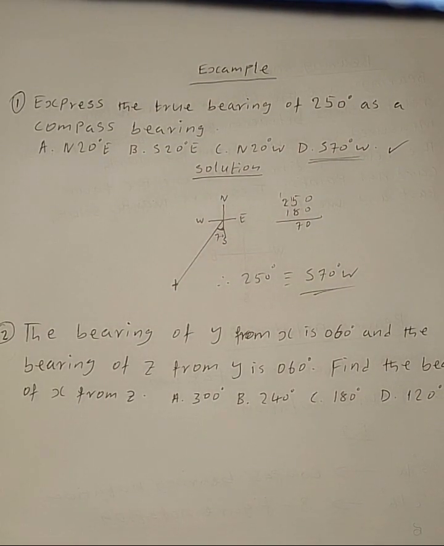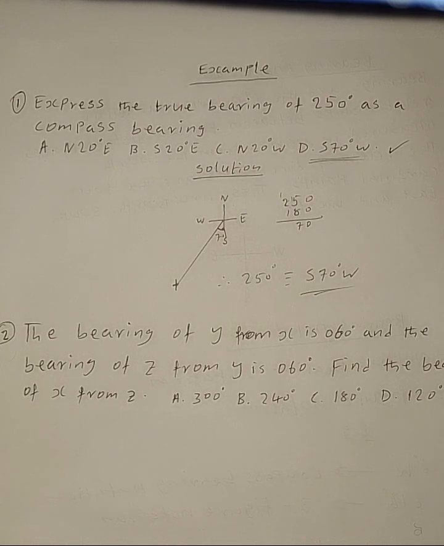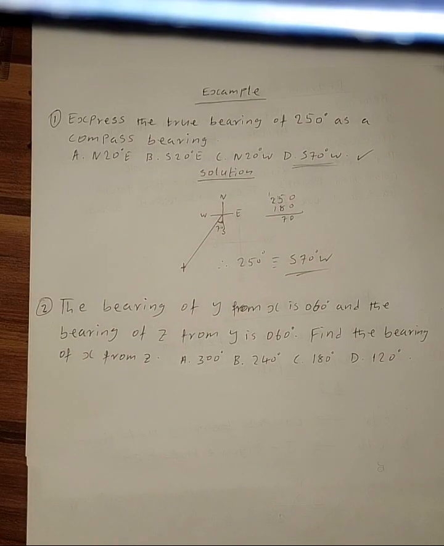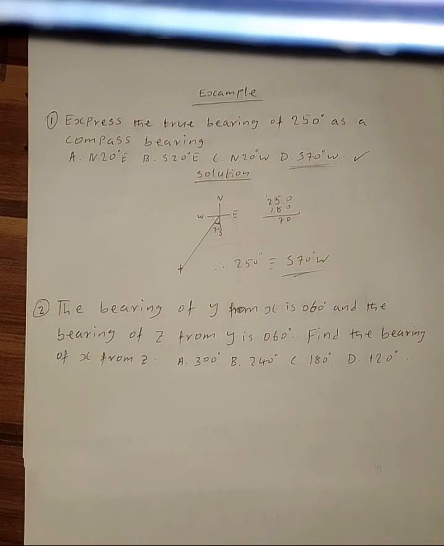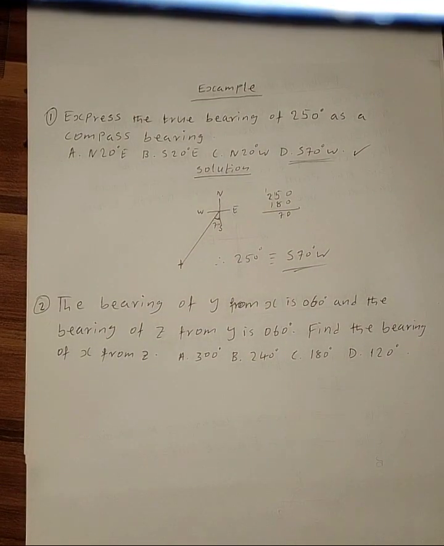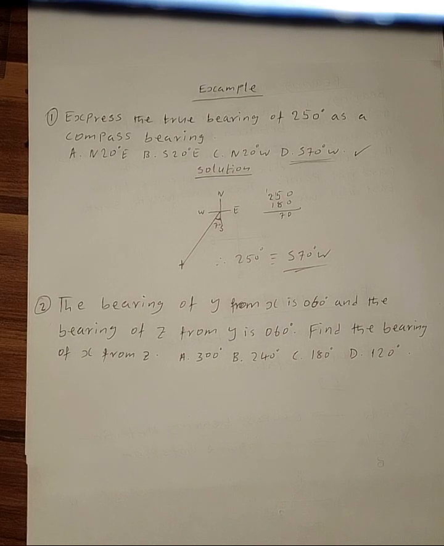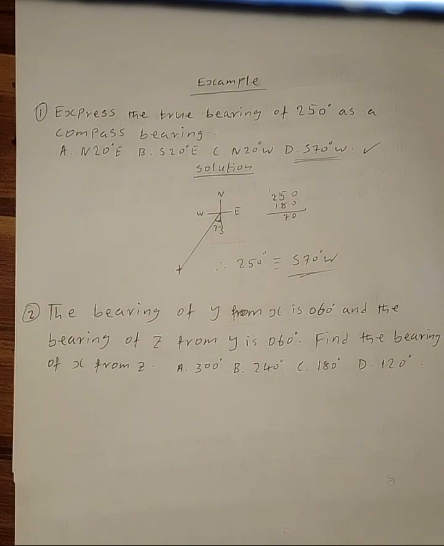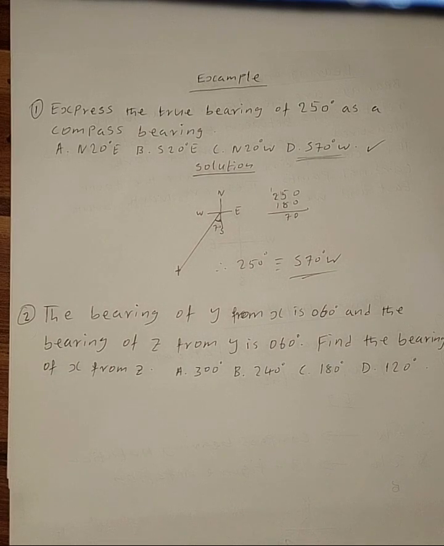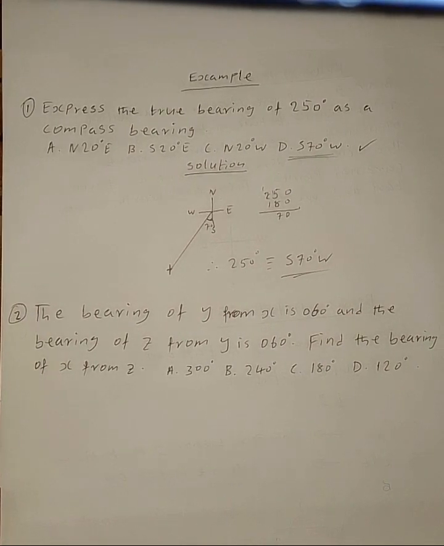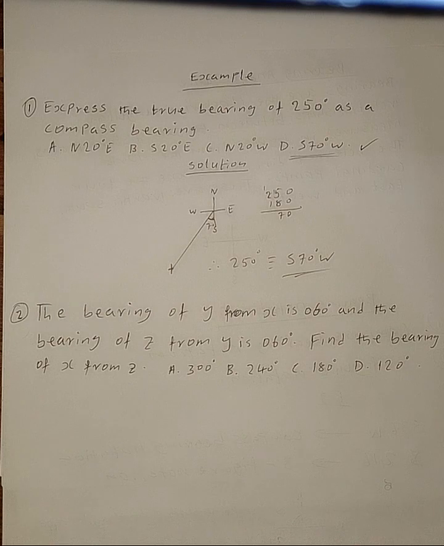Okay, let's see the second question here. The second question says that the bearing of y from x is 60 degrees. This is 3-figure bearing notation, and the bearing of z from y is 060 degrees also.